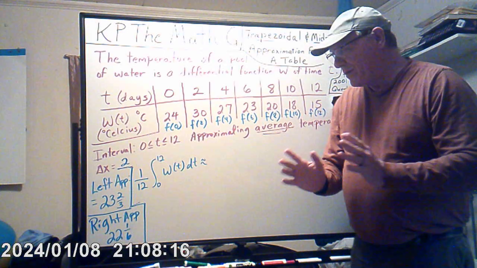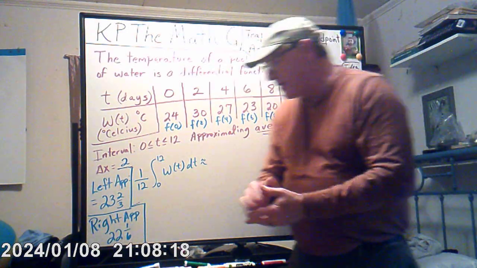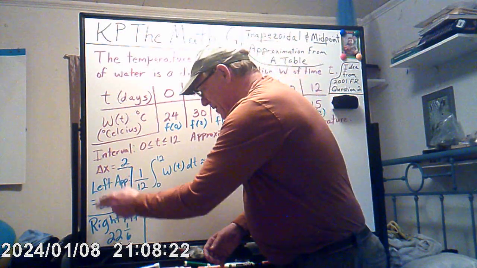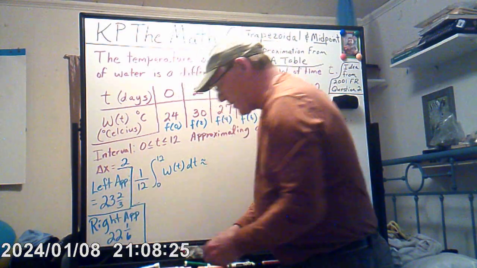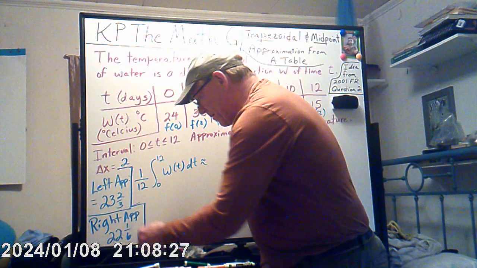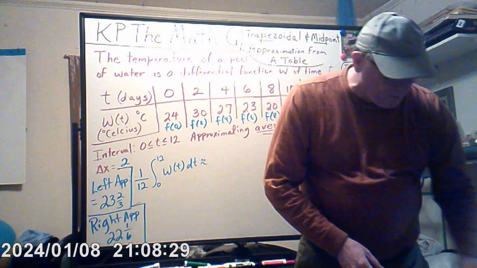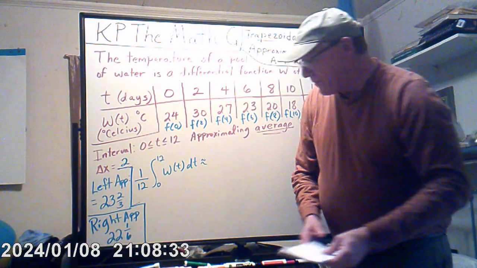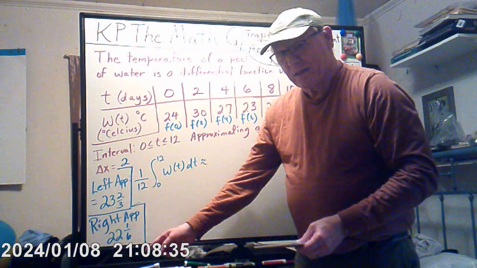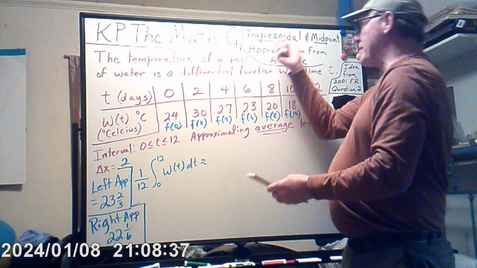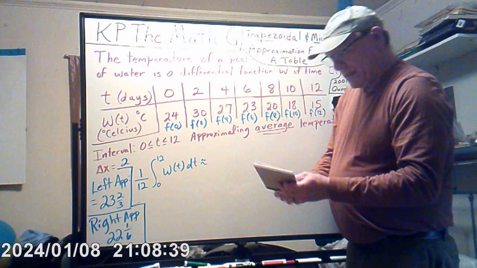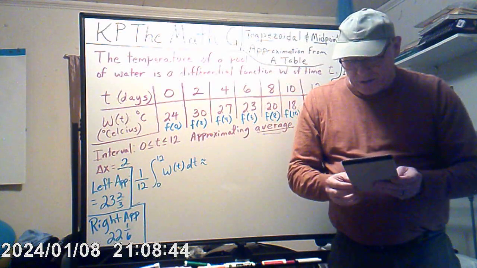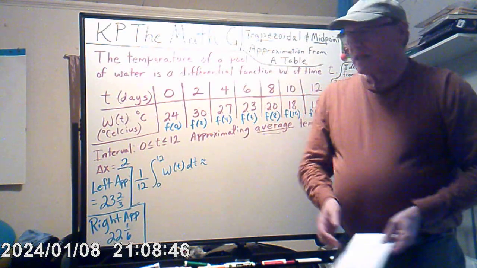Remember, we already did from the previous video a left approximation, 22 2/3. The right approximation is 22 1/6. And if you add these two up and divide by 2, you're actually getting the trapezoidal, which, by the way, happens to be 22 11/12.